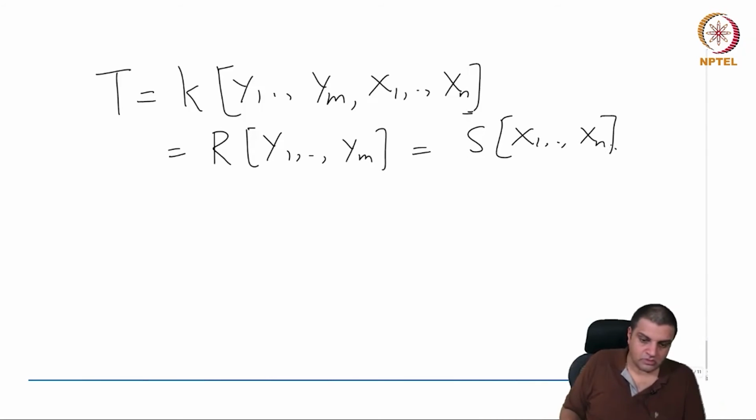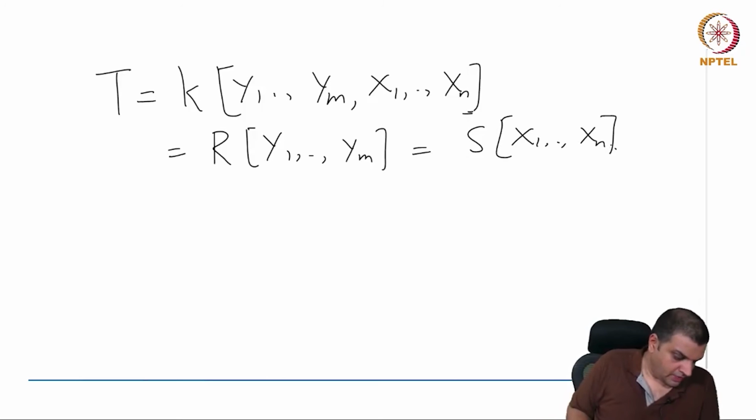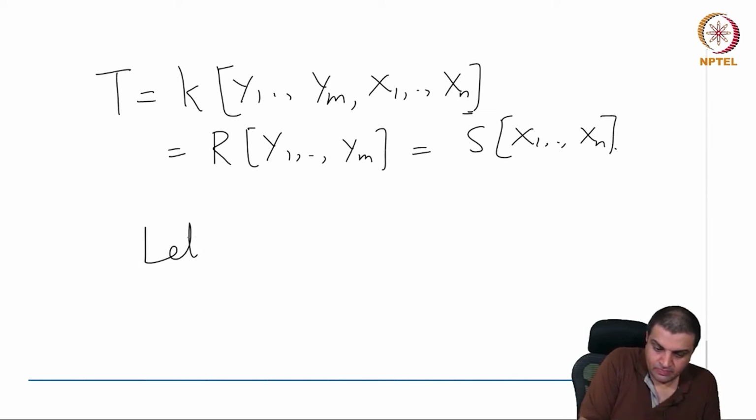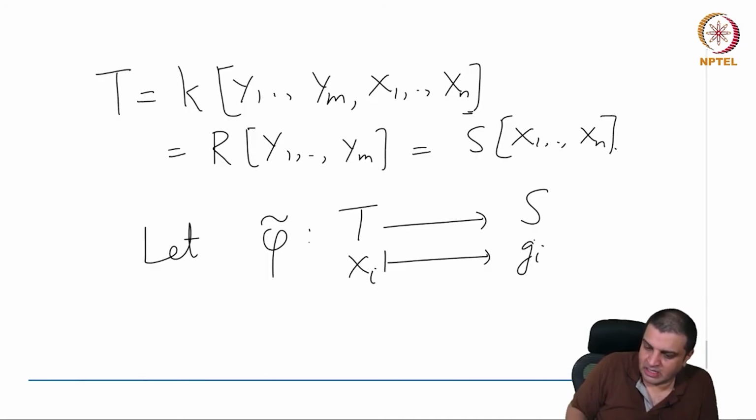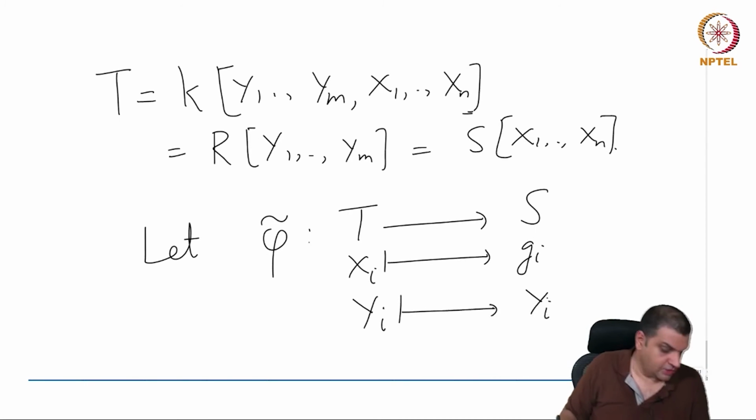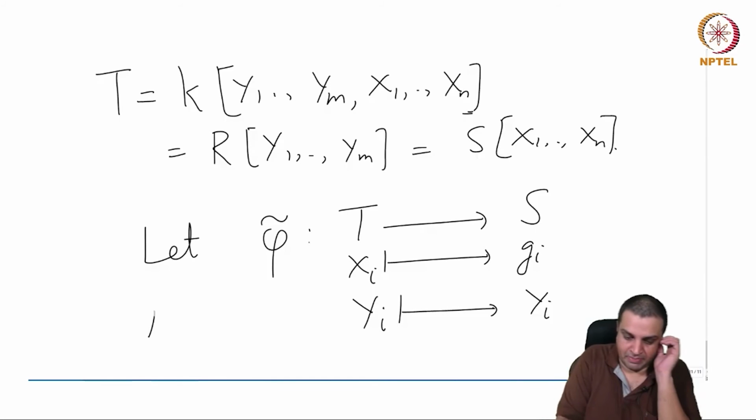Now let's define a ring homomorphism. Let phi tilde be the ring homomorphism from T to S, in which the xi variables go to gi's as it would have happened in R, and the yi variables themselves are not changed. So this is a ring map.